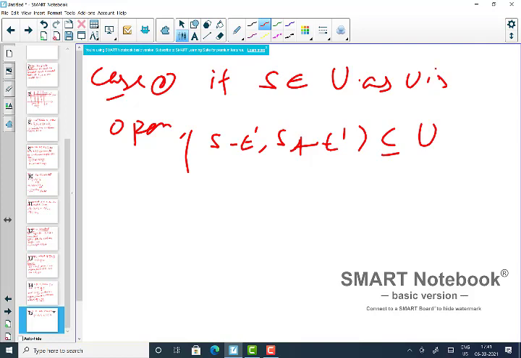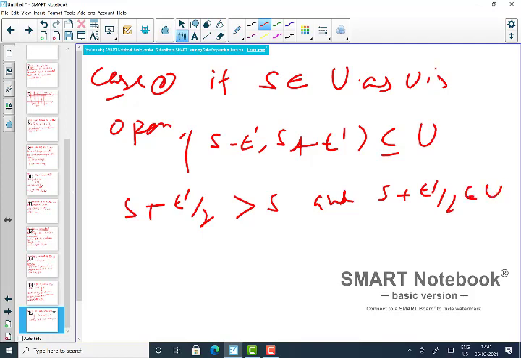And again you see that S plus epsilon dash by 2 is bigger than S, and this is an element of U, so S cannot be an upper bound, a supremum, right? Because you have an element bigger than the upper bound.